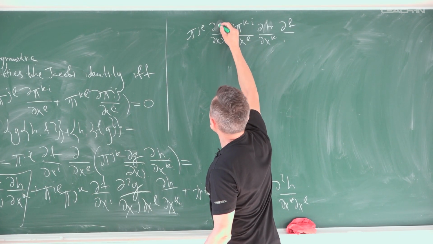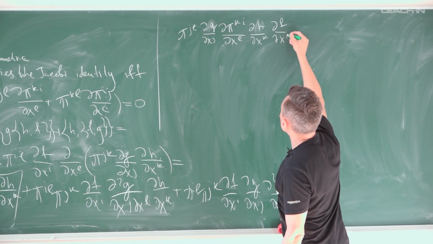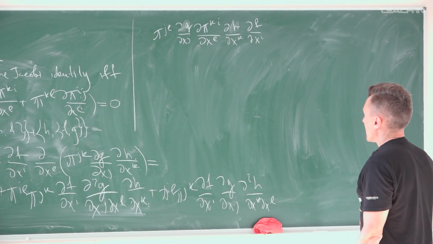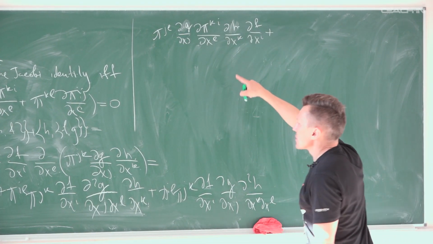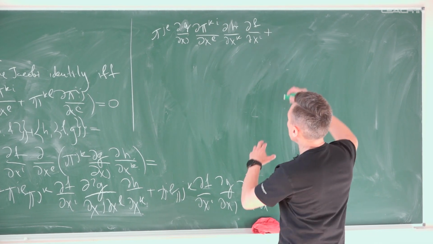Here is ∂h/∂x^k ∂g/∂x^i. I will write it, and we will discuss why it is written in such a way.